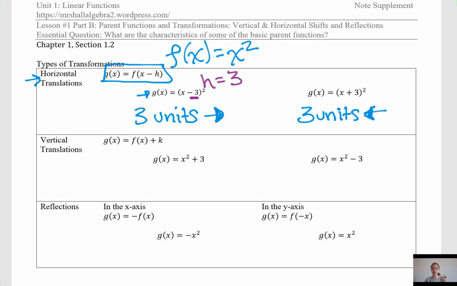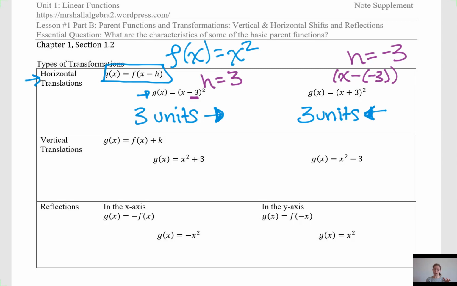It's minus h, so it's minus 3. And that's why it's 3 units to the right. And in this next example, if we get it in the same form of x minus h, well, this would be x minus negative 3 to end up with x plus 3. The h value here is negative 3, and therefore it's a shift 3 units to the left. Okay, at this point you could also graph them and just make sure you understand and see these shifts happening.